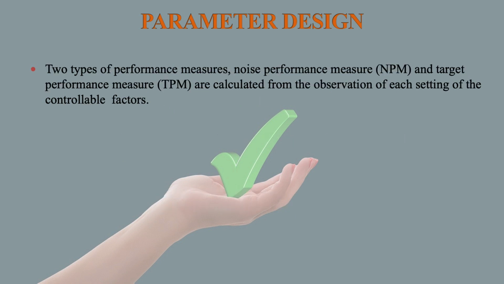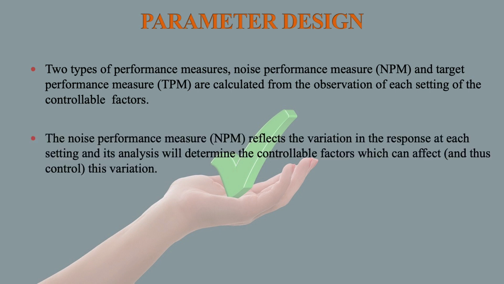Two types of performance measures, noise performance measure, NPM, and target performance measure, TPM, are calculated from the observations of each setting of the controllable factors. The noise performance measure NPM reflects the variation in the response at a setting and its analysis will determine the controllable factors which can affect and thus control these variations.